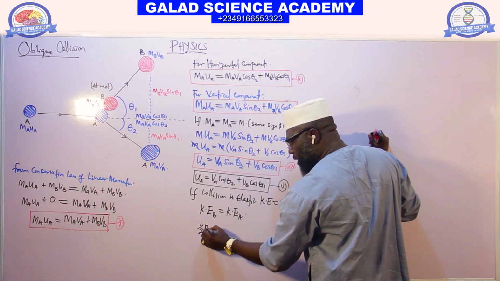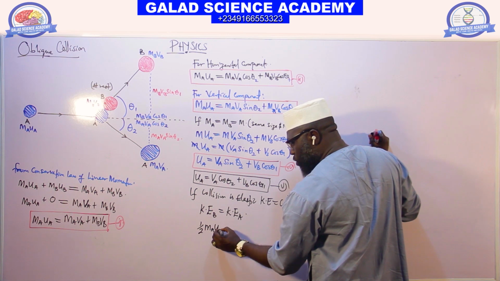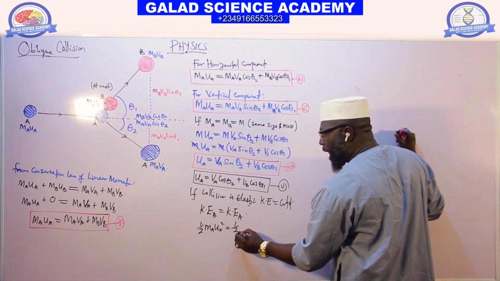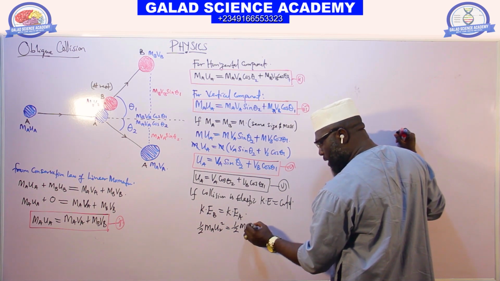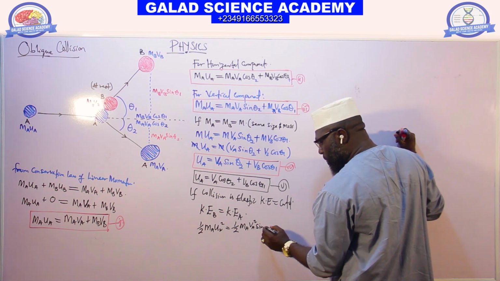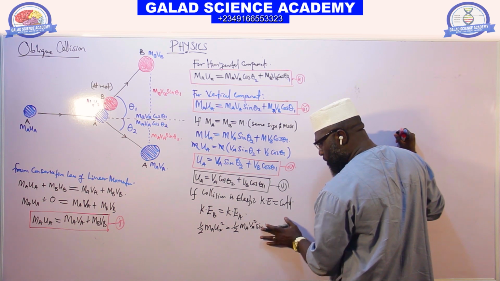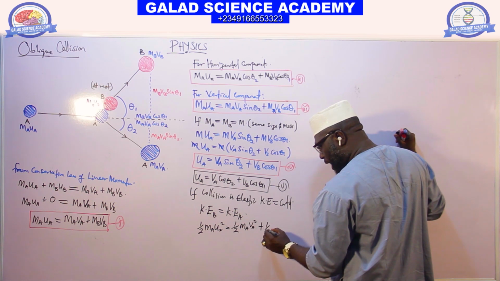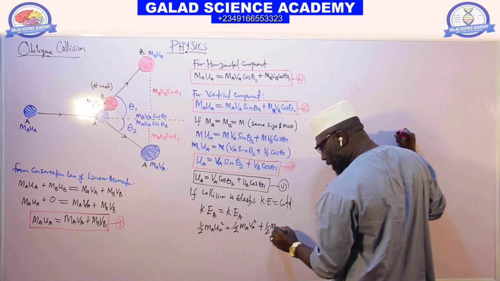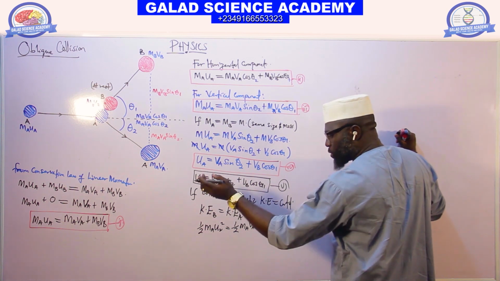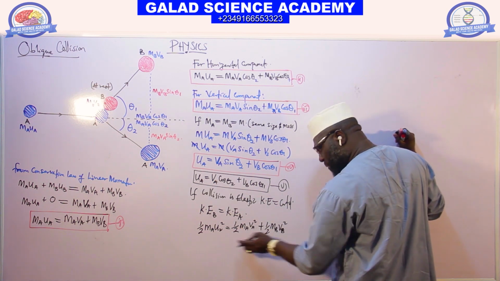Half MA UA square equal to half MA VA square plus half MB VB square.